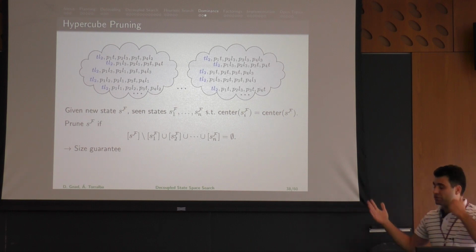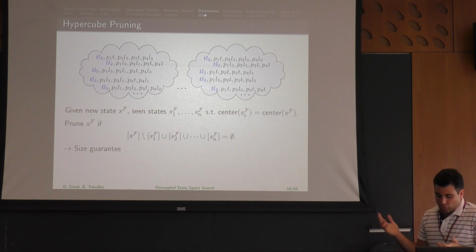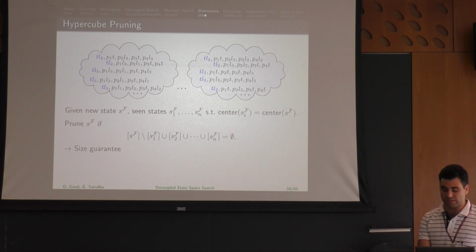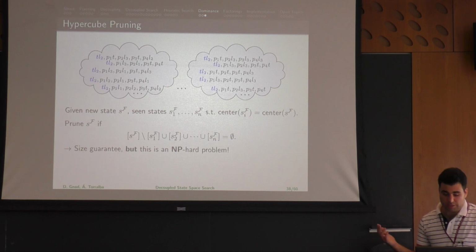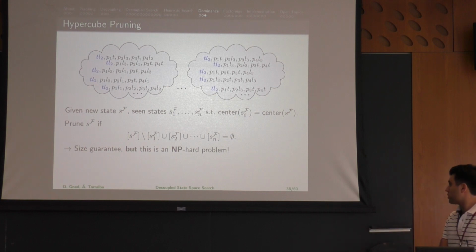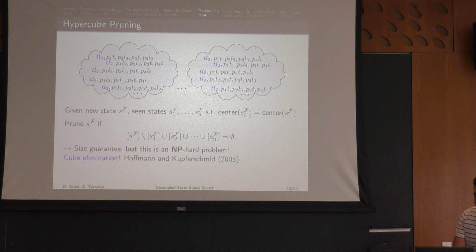If you could do this, you could avoid those examples completely. But this is an NP-hard problem, and doing this check in this way seems completely infeasible.